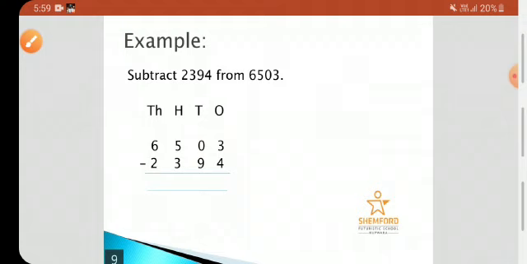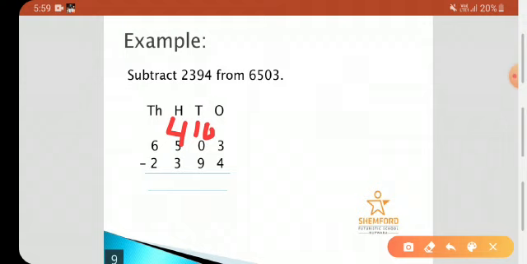But here 3 is smaller than 4. So we will borrow 1 from tens, but there is 0. So tens will borrow 1 from hundreds.